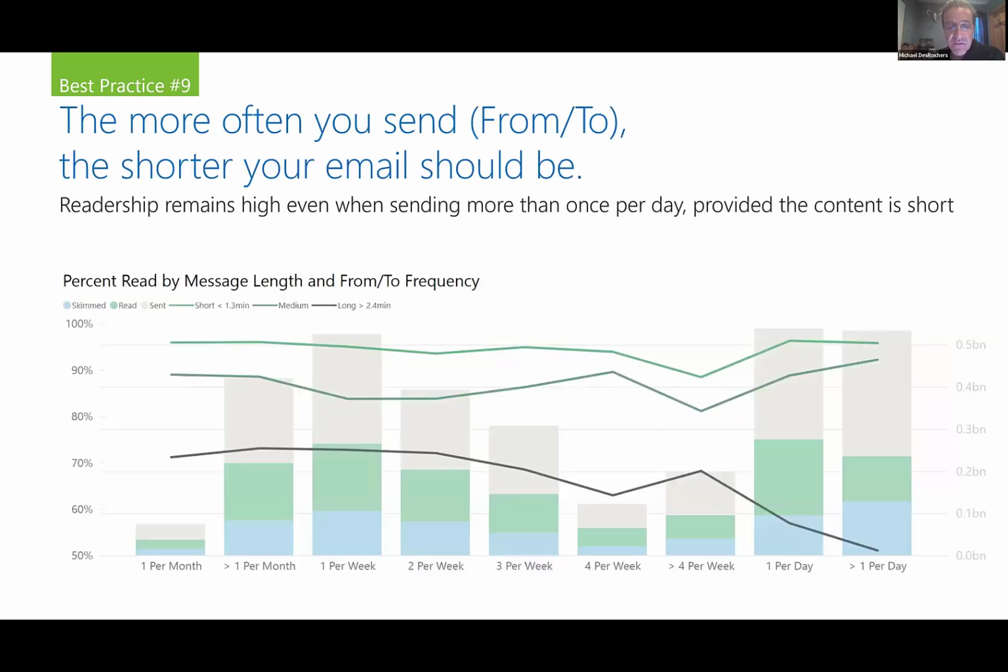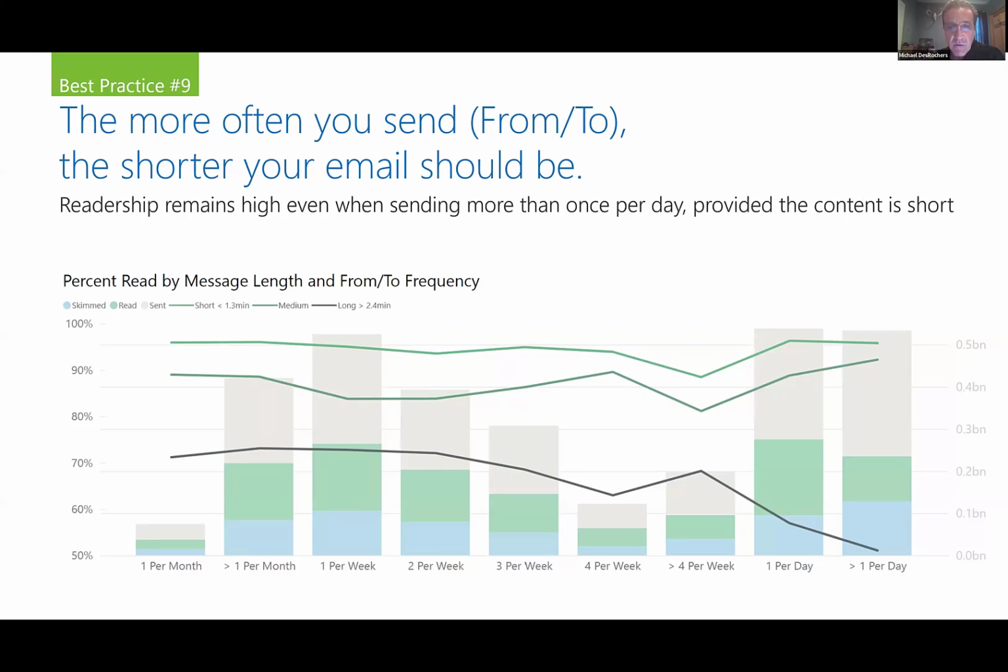So this addresses that cadence question. Again, the more often you send, the lower the performance, and then we actually broke this out. We showed that chart before where once a month performed better than once a week, which performed better than once a day. But then we broke this out by content length, right?